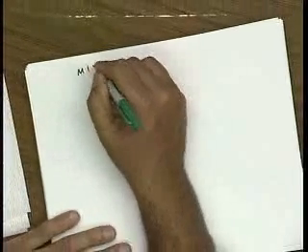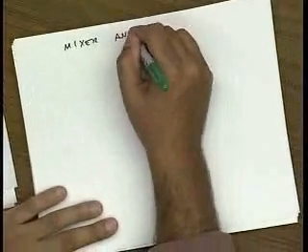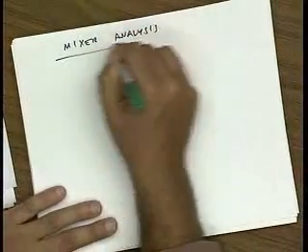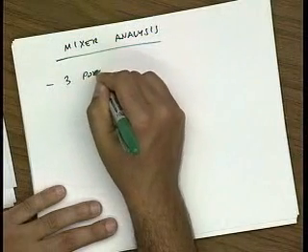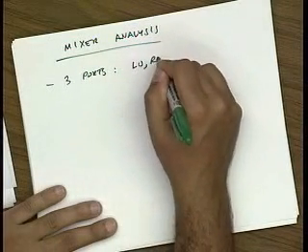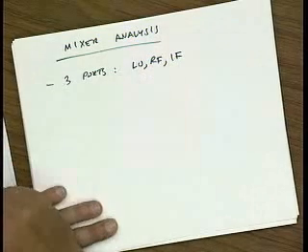Okay. So let's now apply this analysis to a mixer. The mixer has 3 ports: an LO, an RF, and an IF port.